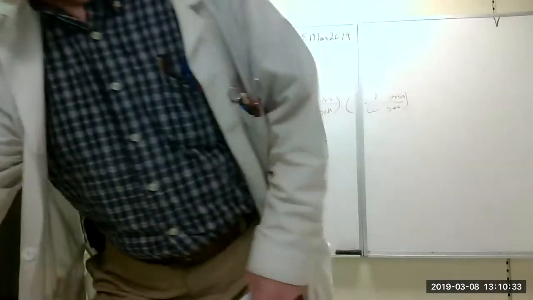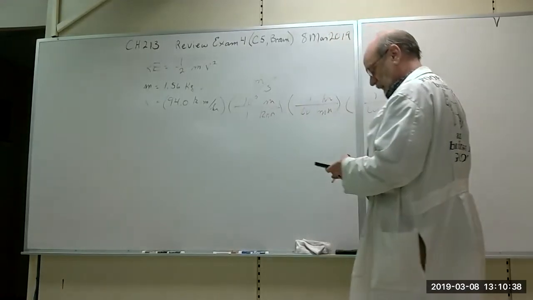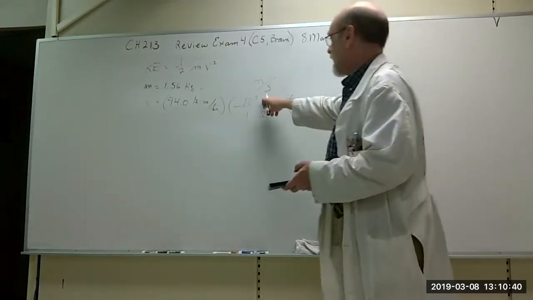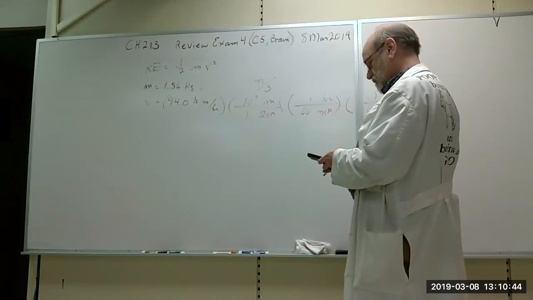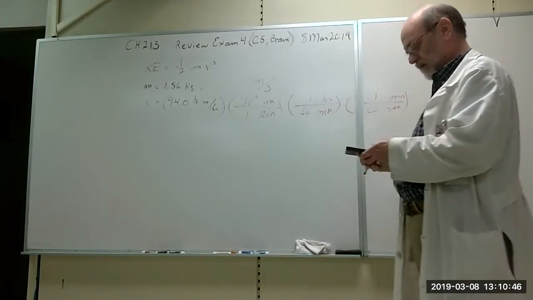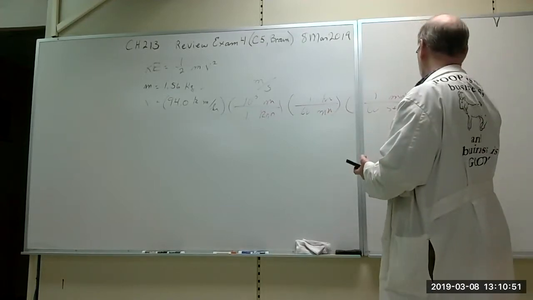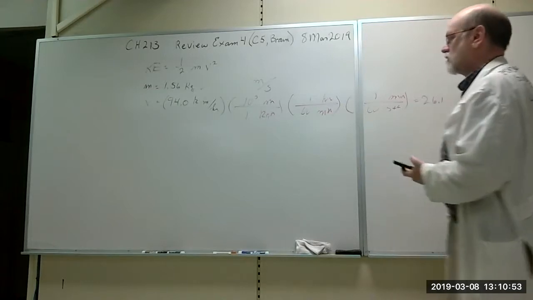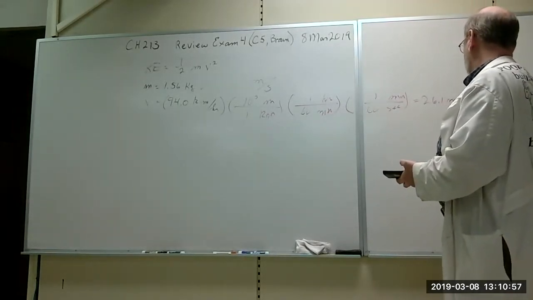And then we'll do the conversion. So we need 94 times 1,000 divided by 60, and then divided by 60 again. So that's 26.1. Yeah, pretty significant figures. Meters per second.